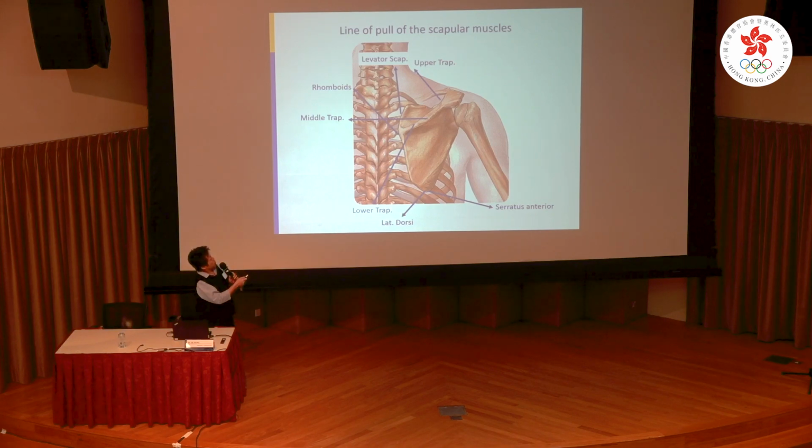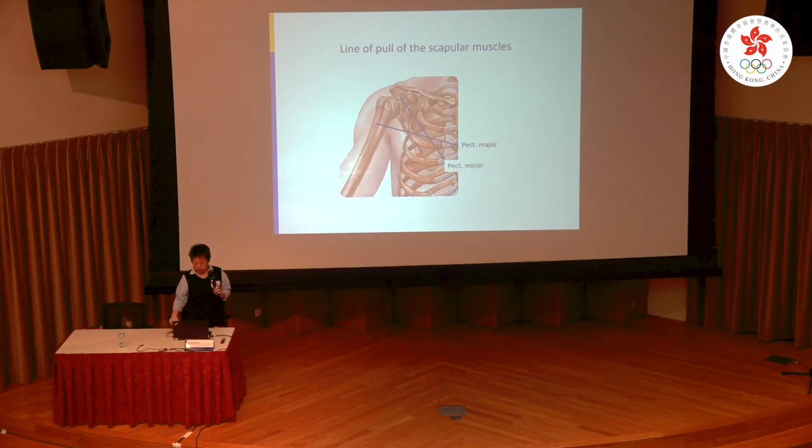So much for those relating to strength. If you have a tight levator scapulae or upper trap, as I mentioned before, it can also change the pull or the movement of the scapula. In the front, very powerful muscles also change the scapula because of their attachment, particularly the pectoralis minor, because it attaches up here.